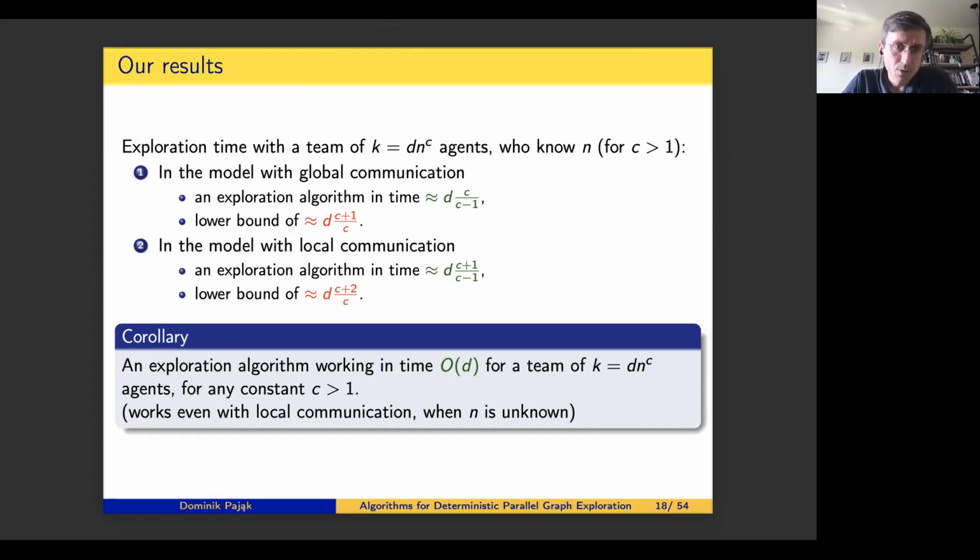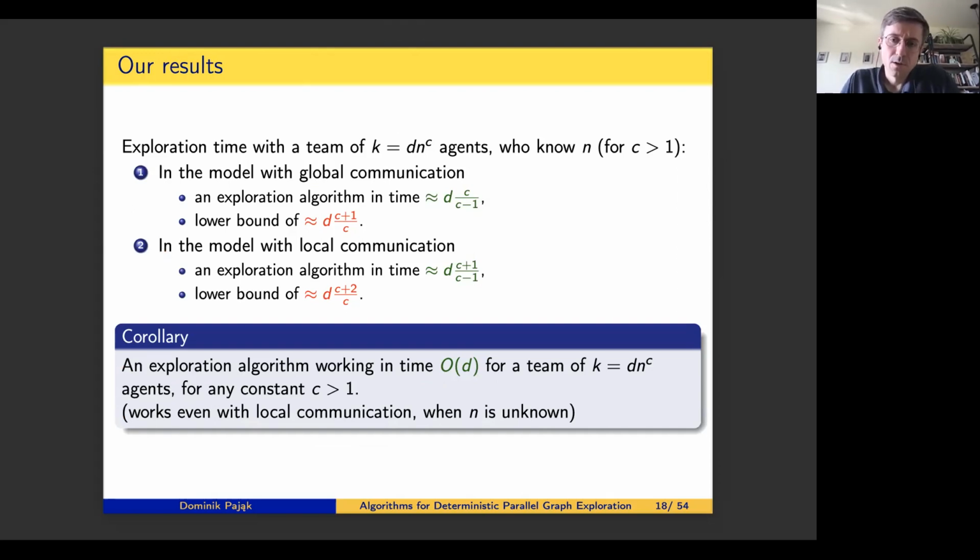And these are our results. So we have an algorithm that works using many agents, because we need d, which is the diameter, times n to the power of c for some constant c that's greater than 1. And it works in time d times a constant that depends on c.